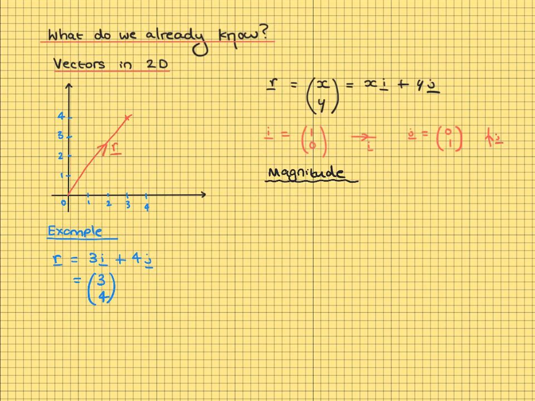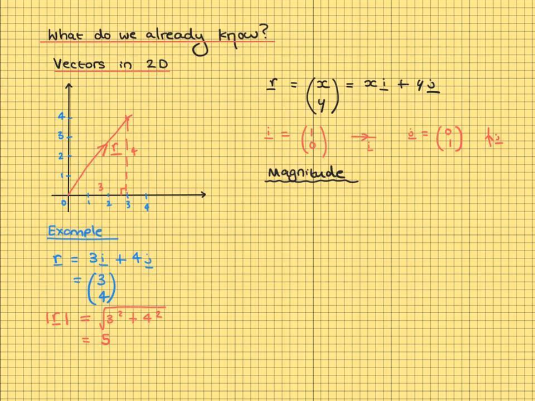So if I want to work out the magnitude of this vector, which we write as mod r, then I need to work out the length of this line, which I can do very easily using Pythagoras' theorem. Here's a right angle triangle, base length 3, height length 4. So it's simply 3 squared plus 4 squared, all square rooted, which of course means the magnitude of the vector, the length of that line, is 5 units.